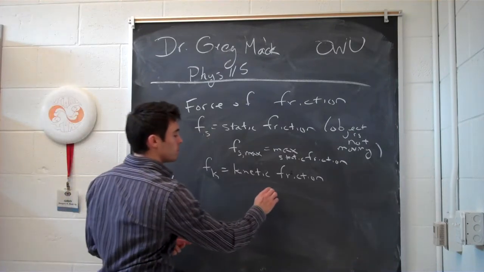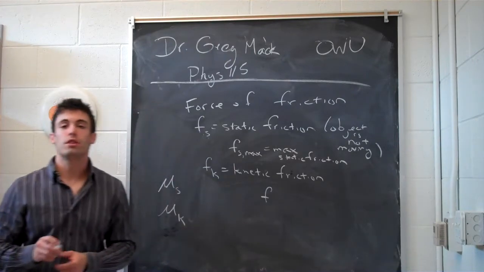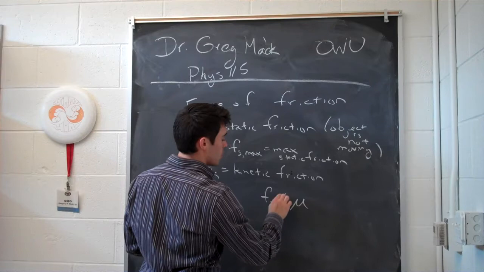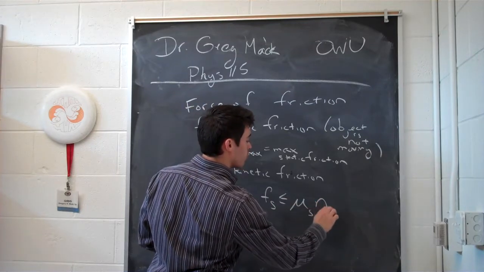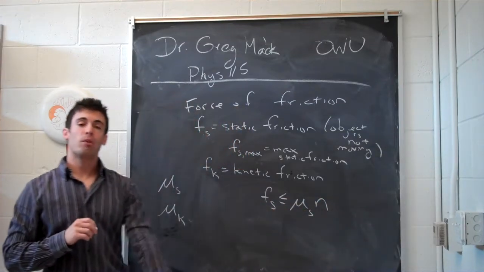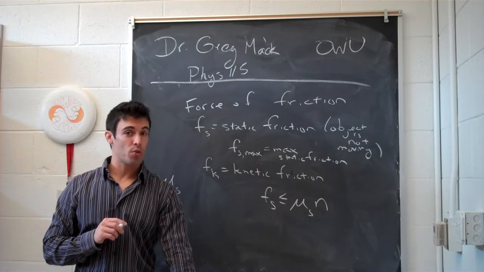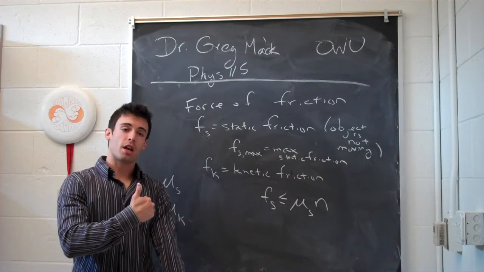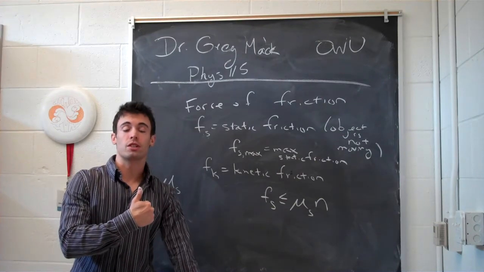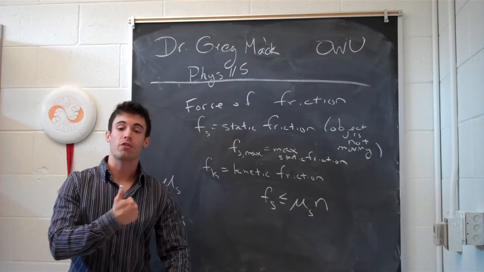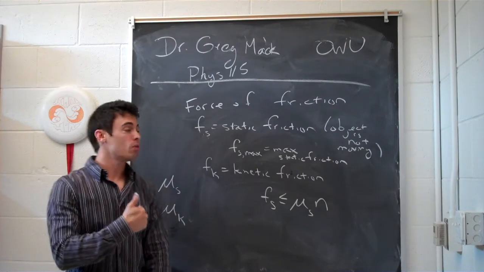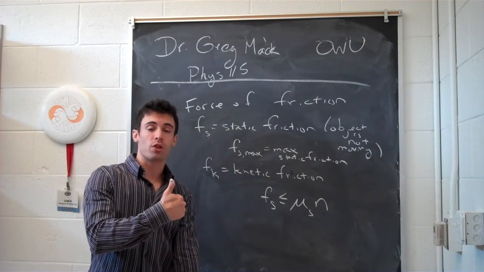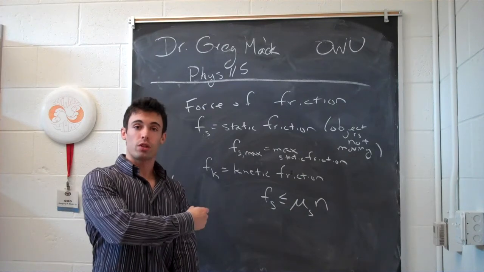And it turns out that these things are related through the normal force, meaning how much the object is pushing into the ground, or whatever surface you're talking about, and therefore the reactive force that that ground or surface is experiencing because of the weight that it is feeling. Okay. So the more it's pushing into the ground, the higher the normal force is pushing up, the greater the friction force.